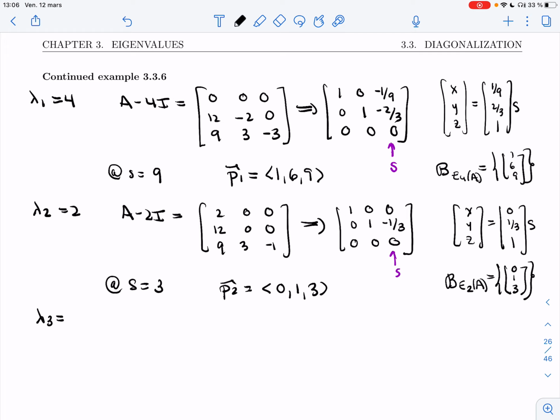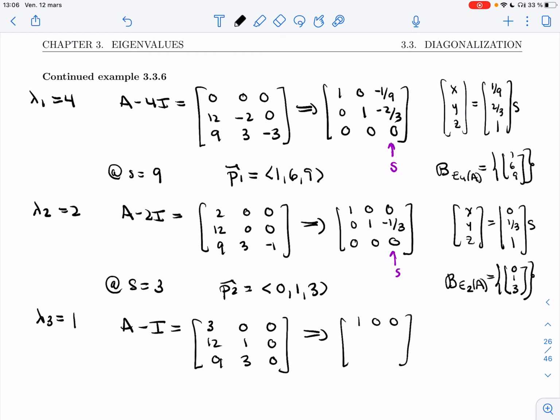And finally, the third eigenvalue was lambda equals 1. Let's see, so I would get 3, 1, 0. First row will be 1, 0, 0. Then I get rid of the first column, and there you go. So I still have a free variable.